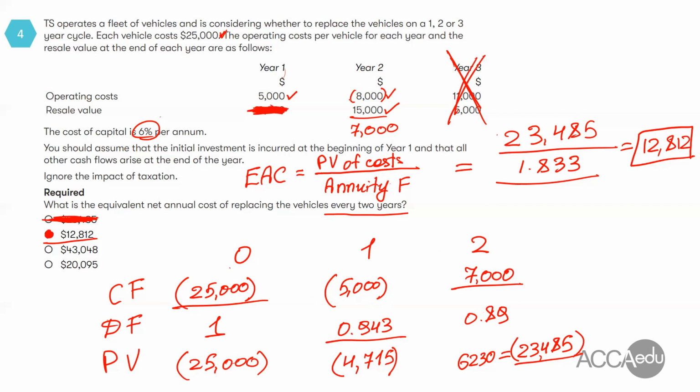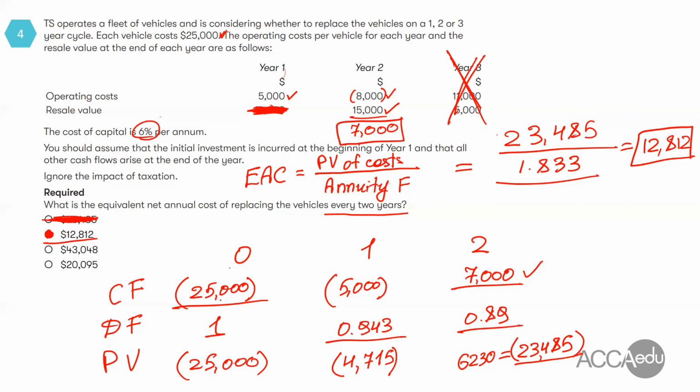In year 2, 8,000 is the operating cost, but we could sell it for 15,000. So I got the net 8,000 minus 15,000, which comes up with 7,000 net. So I use this value. And 0.89 is the discount factor for 6% in year 2.